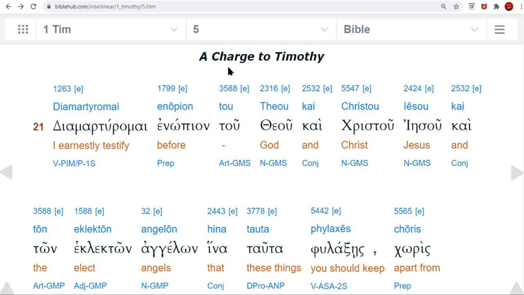So when I start this line to finish this chapter of 1 Timothy 5, I'm going to start it here with D-I-A, through, martyr ome. And this martu, this is the Hindu word for where the mortal comes from.